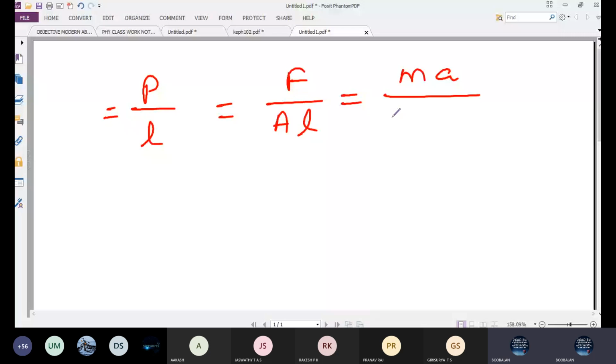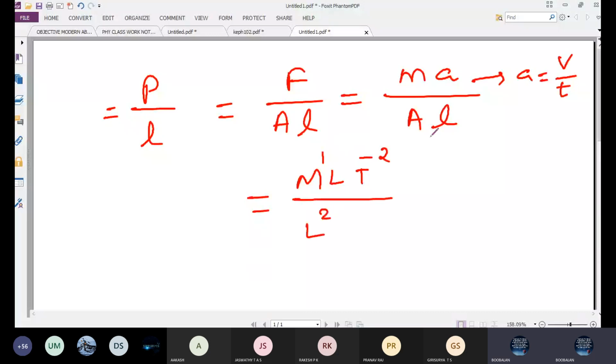Small a is acceleration, so acceleration is velocity divided by time, that is displacement by time squared, so L T power minus 2. Next, area L squared and length also L. Finally you will get M power 1, L power 2 plus 1, that is 3, minus 2, T power minus 2. So this is the pressure by length dimension formula.